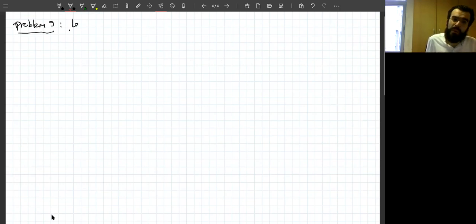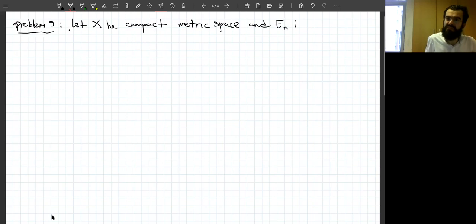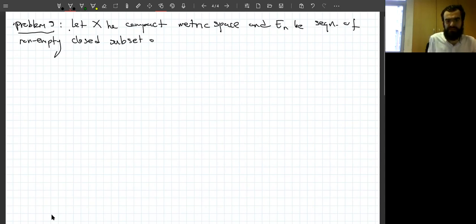Let X be a compact metric space and E_n be a sequence of non-empty closed subsets of X such that E_{n+1} is a subset of E_n.